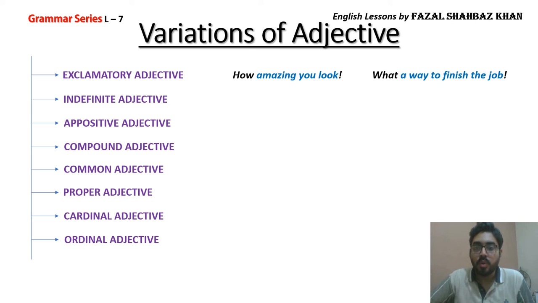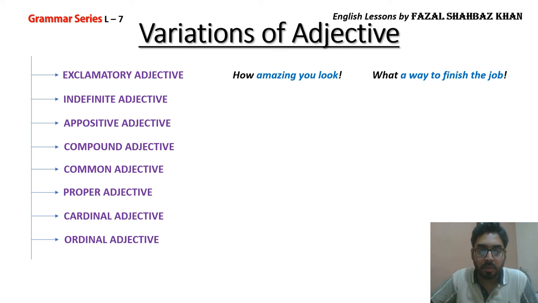In other words, what a way to finish the job. It is how we greet someone when someone does things extraordinarily. So what and how are more like question words, which are not used for questions here, but definitely to show strong emotions or feelings. So they are definitely taken from the interrogative section.